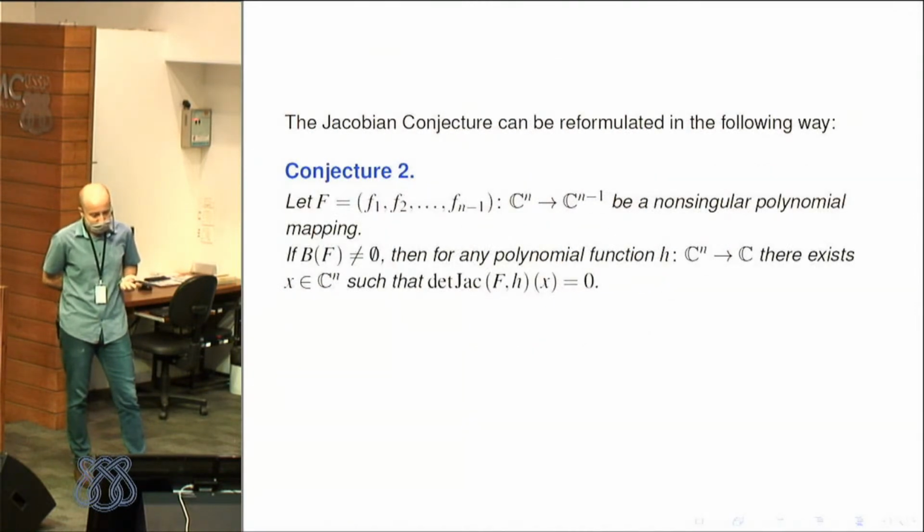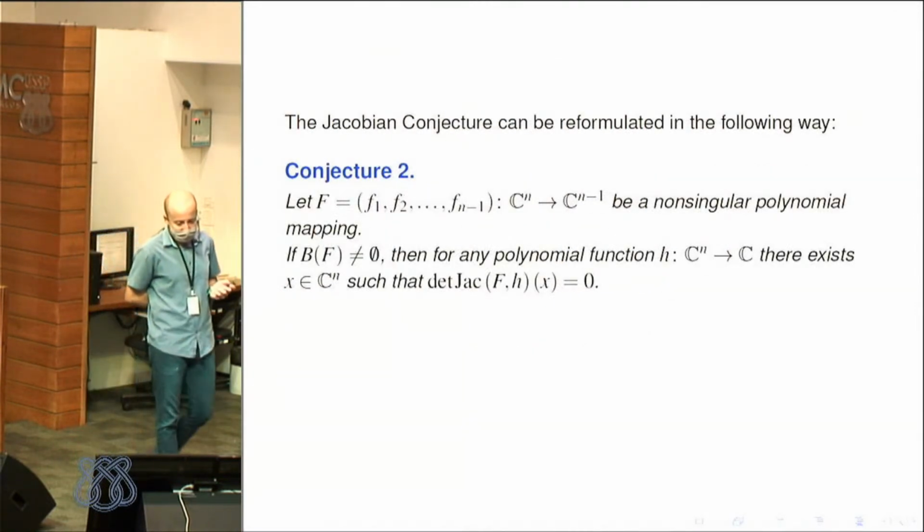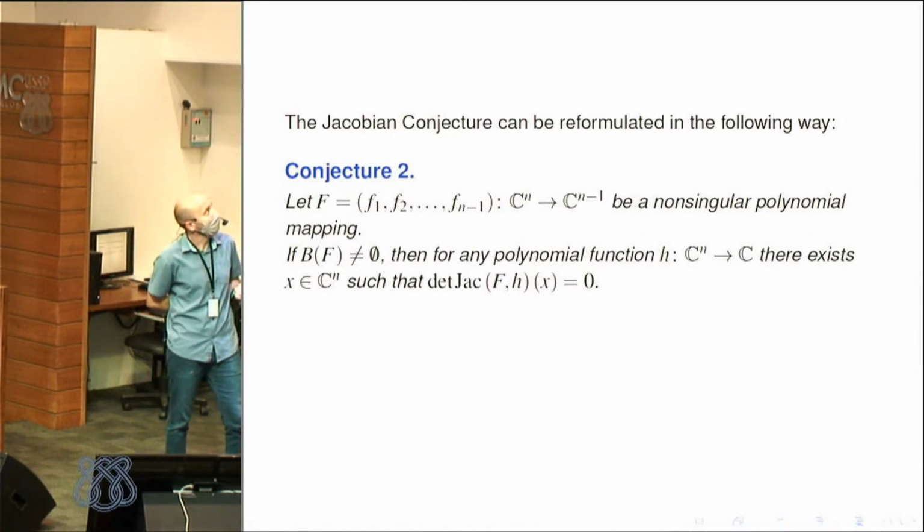And the other relation between the Jacobian conjecture and the bifurcation set is the following conjecture.